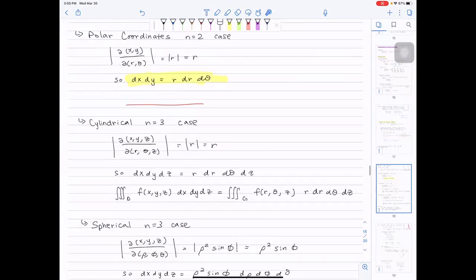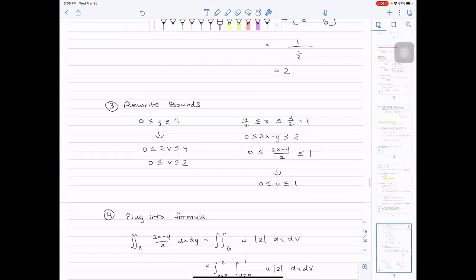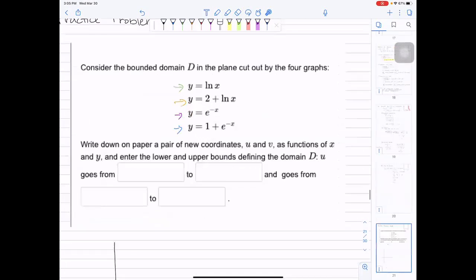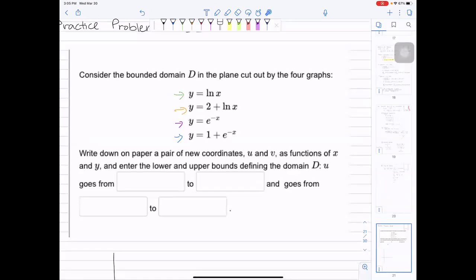Okay, let's do an example. Take a minute to read this question and think about how we should approach it.